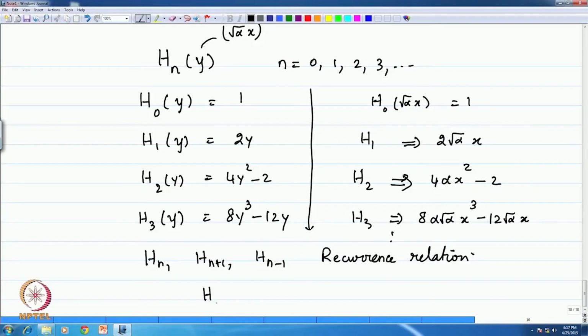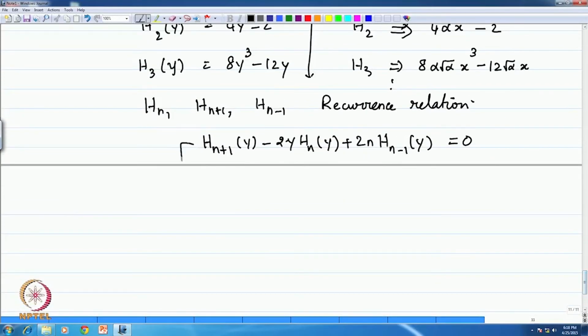It is Hn plus 1 of y minus 2y Hn of y plus 2n Hn minus 1 of y is equal to 0.